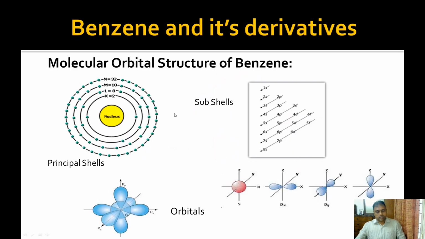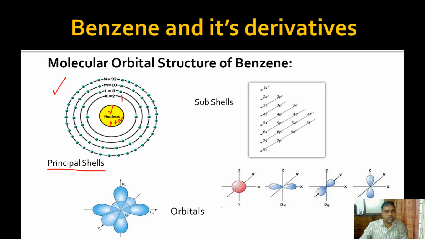Right. Next, let's go for the molecular orbital structure of benzene. I have discussed this in the previous class. These are principal shells in an atom. In an atom, at the center there will be a nucleus with protons and neutrons, and surrounding this nucleus you have the electrons, and these electrons are distributed in principal shells.